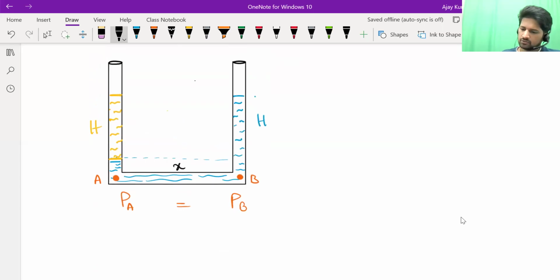That's all. So pressure at A, if you express now, it will be P naught plus density of yellow liquid into g into h. In fact, you don't have to take pressure at A. You can take pressure at this point and pressure at this point. Call them C and D, PC and PD.